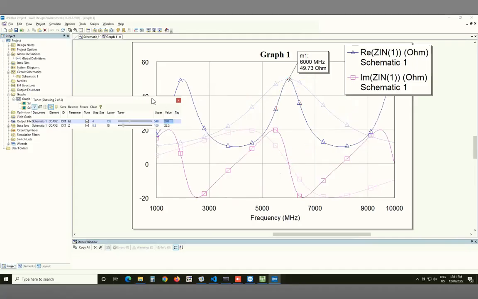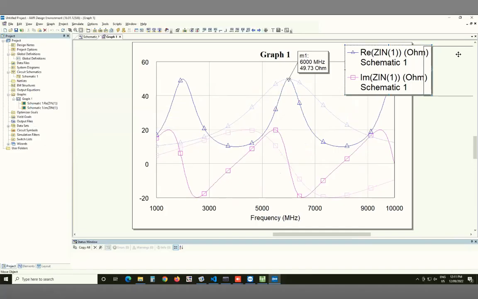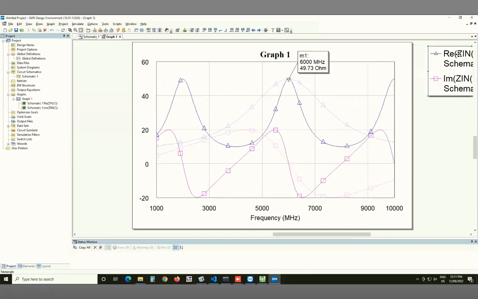Let me clear these things. We were initially interested in this frequency here at 6 gigahertz, but now this looks exactly the same. If I did not tell you the frequency x-axis, you cannot distinguish between this and this.